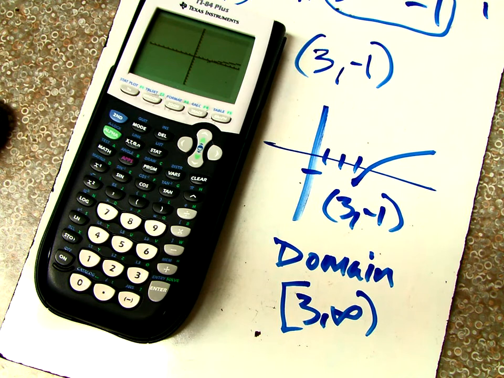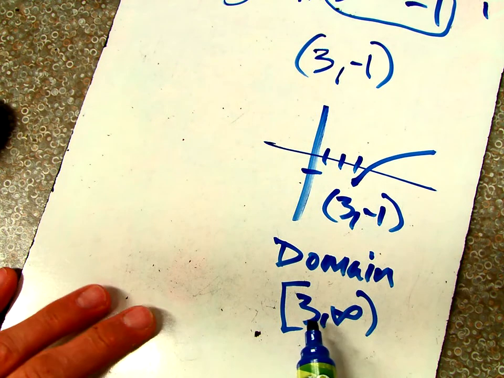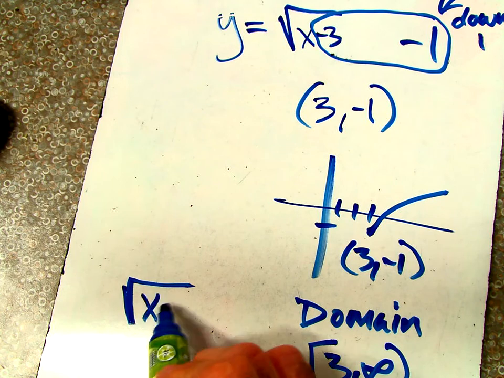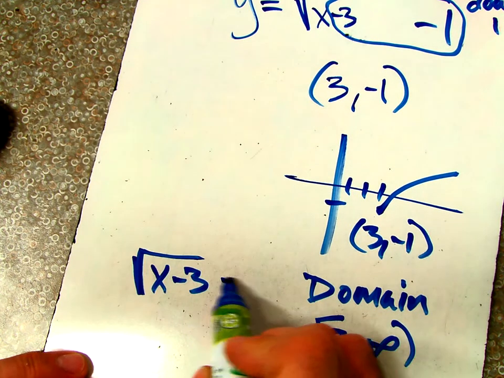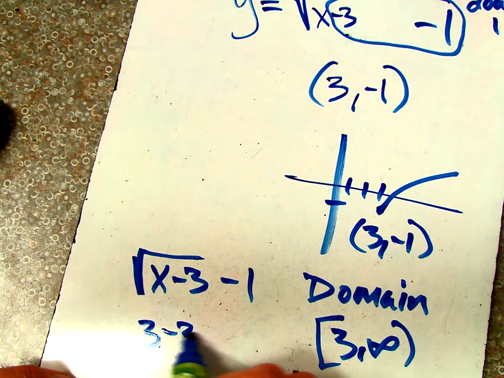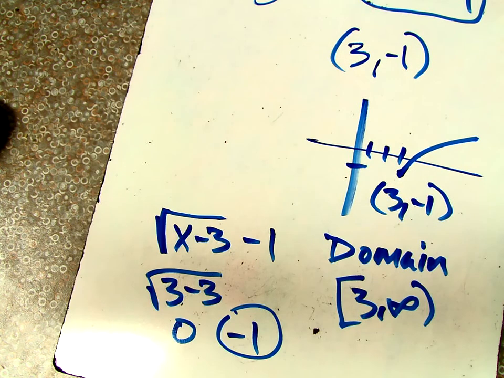The way that you can tell whether or not to use a bracket is I can put this number, 3, into the function square root of x minus 3 minus 1. If I put 3 in, 3 minus 3 square rooted is just 0, minus 1, and it gives me the y value. That means I can do a bracket for the -1 in the range.